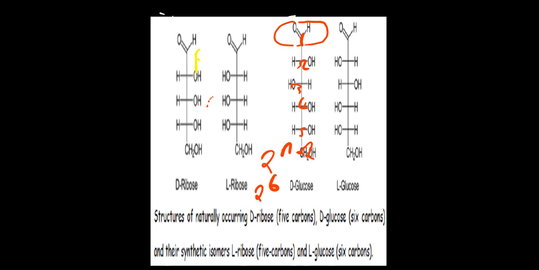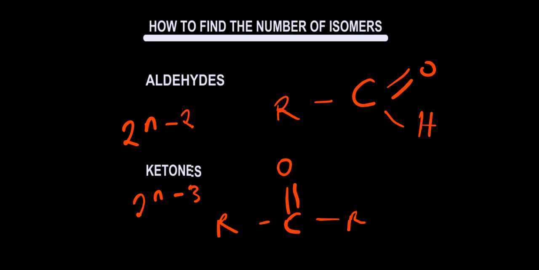So it's 2 to the power 6 minus 2, that is 2 to the power 4, that is 2 times 2, 2 times 2, 4 times 4, that is 16. So glucose will have 16 isomers in this case, it being an aldehyde. That's what we're talking about.